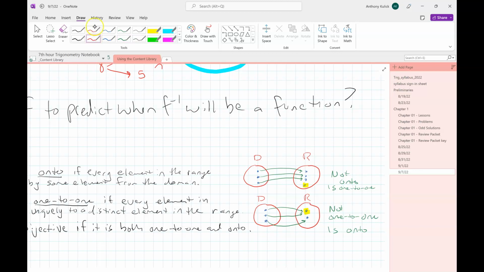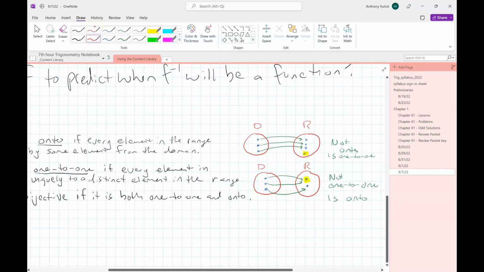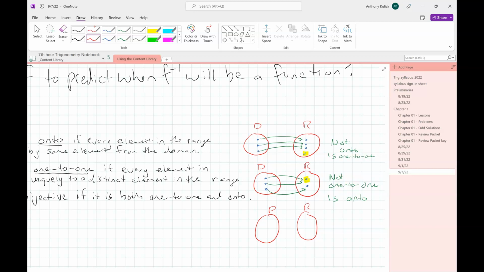So what does something that's both one-to-one and onto look like? Something like this. Every range is used, and each x goes to a distinct y.